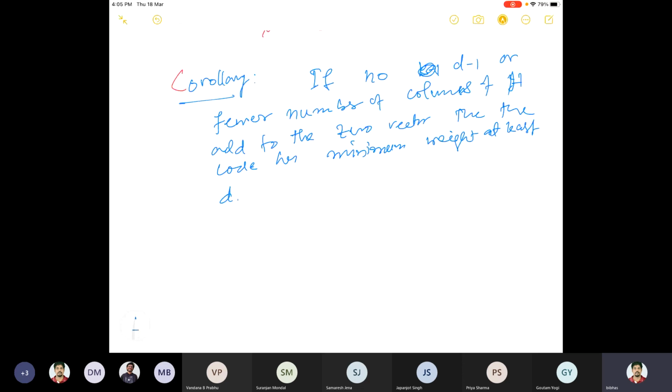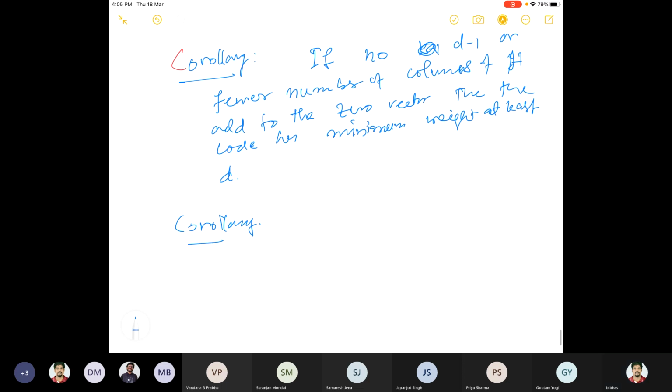And another thing we can say, so this is a lower bound about the minimum weight. And the next thing is the minimum weight of C. Suppose I add up D columns and there is a 0, that means definitely there is a code word which has D non-zero entries, with Hamming weight D. That will be the minimum weight because you cannot find below that.